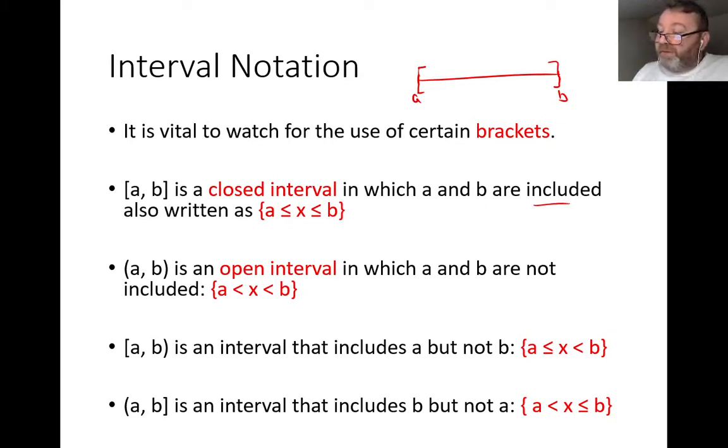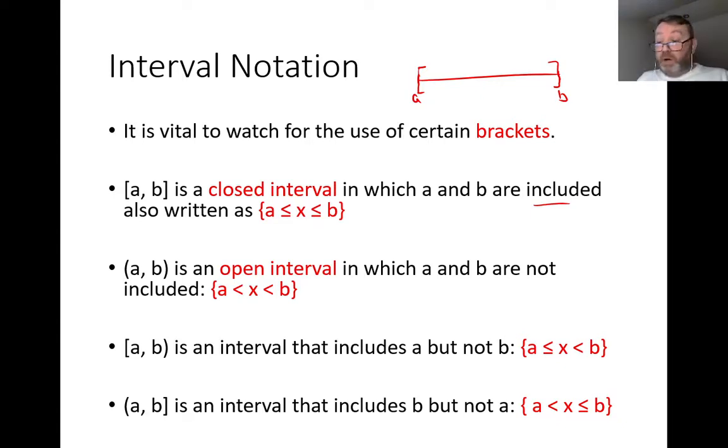What would happen if I had a number line where A and B were not included? So every value between A and B is to be included, but A and B themselves are to be excluded. How do I show that in terms of brackets? That's where we use the original ones that you're probably very used to, these round brackets, okay? And the round brackets simply dictate that we're dealing with all values between A and B with the exception of the values of A and B themselves.